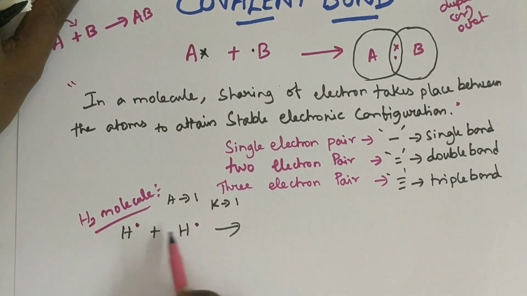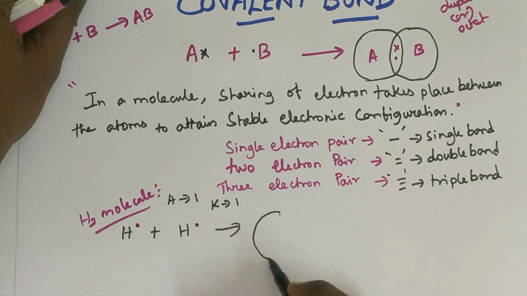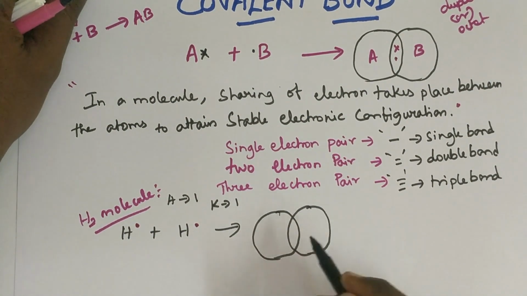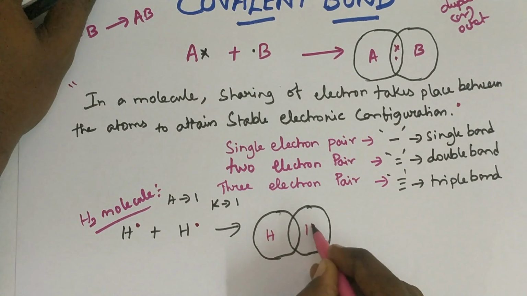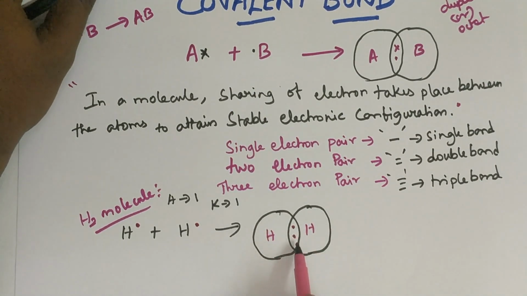I am mentioning both the atoms as dots because they are the same molecule. These two combine to form a hydrogen molecule in which they share two electrons.